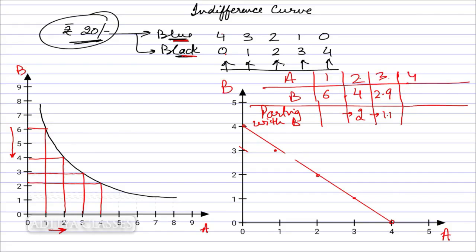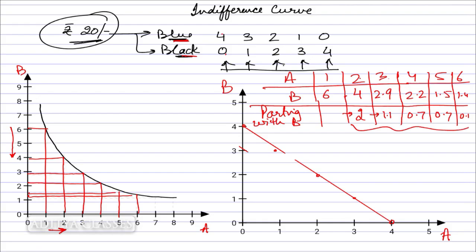Now I've gone to 4, it has come down to 2.2. How much have I parted? 0.7. I go to 5, this comes to 1.5 literally. I go to 6, it is almost 1.4, that is 0.1.